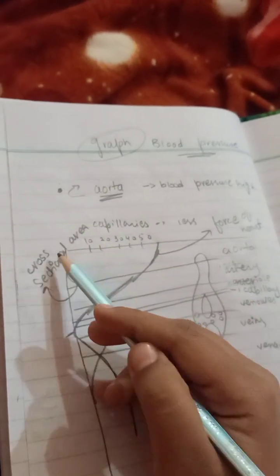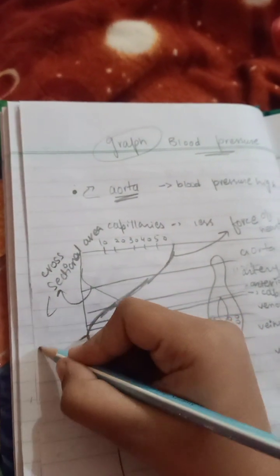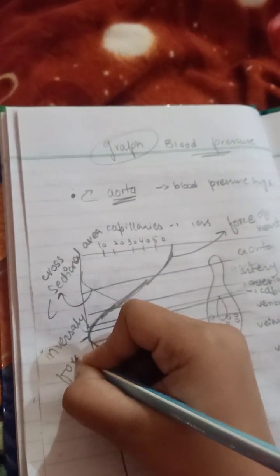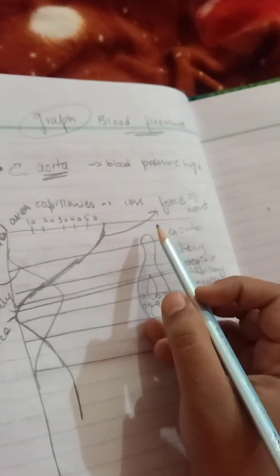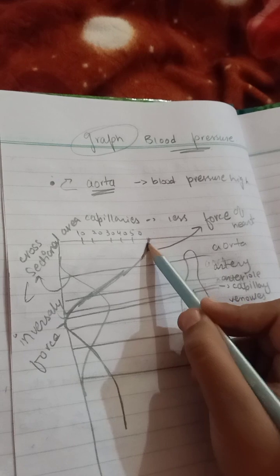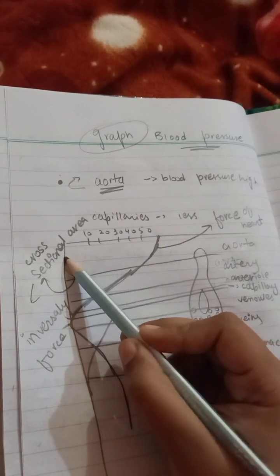and after that there is an increase in the vena cava. So the cross sectional area is basically inversely proportional to the force. For example, when the force of the heart is more, here you can see the cross sectional area is less.